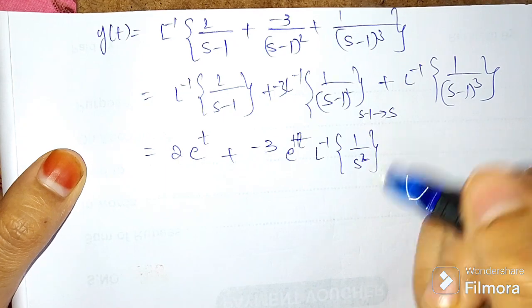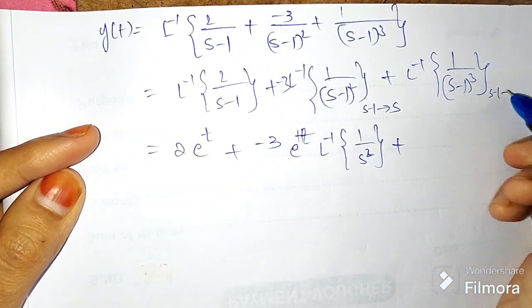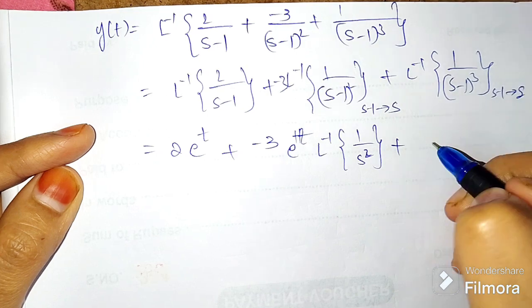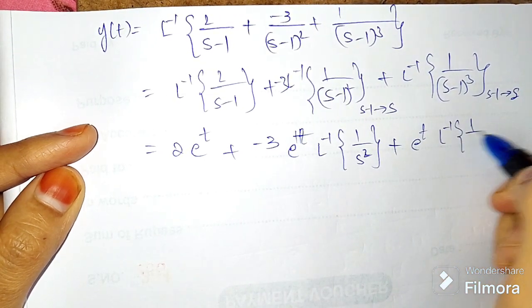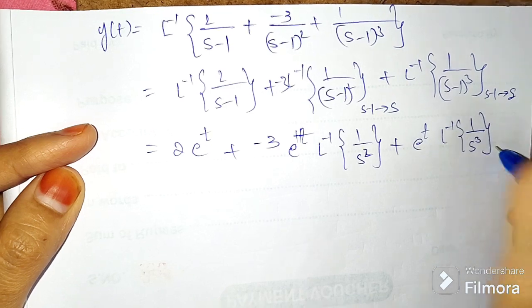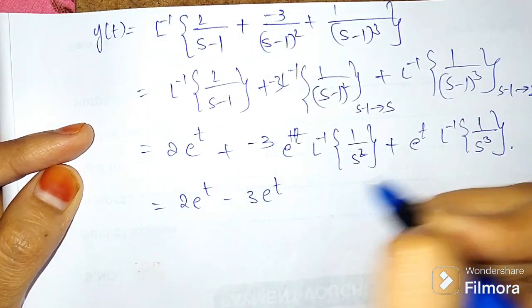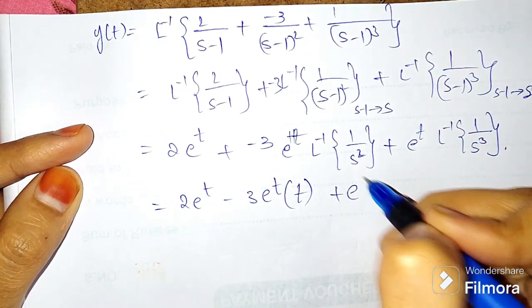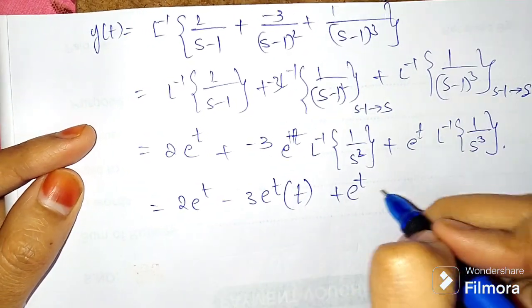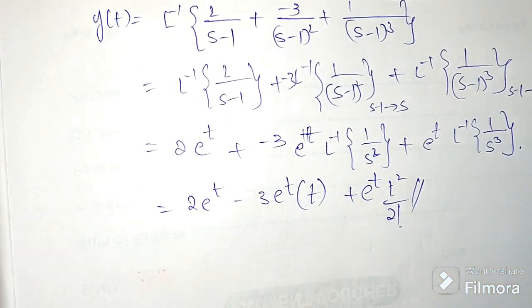Here I'll shift my s minus 1 to s happily, but before that I have to write e power t. So this will be 2 e power t minus 3 e power t times. What is Laplace inverse of 1 by s square? It is t. For the cube, it's t square by 2 factorial. So this is your final answer.